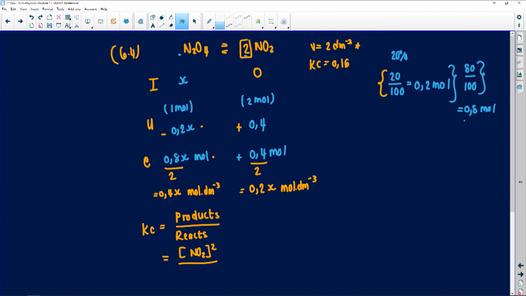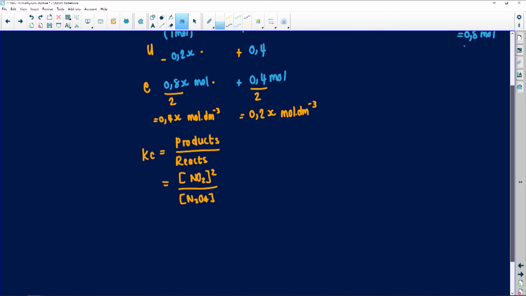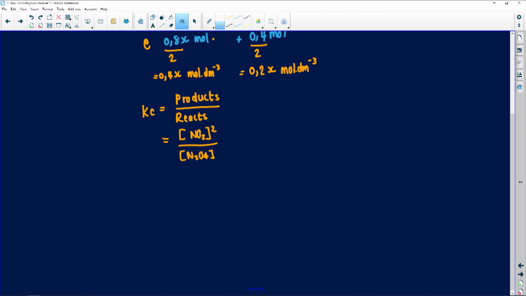And then on this side, I'm going to have N2O4 as my reactants. And this is then my value for the Kc. But I was told that the Kc is 0.16.